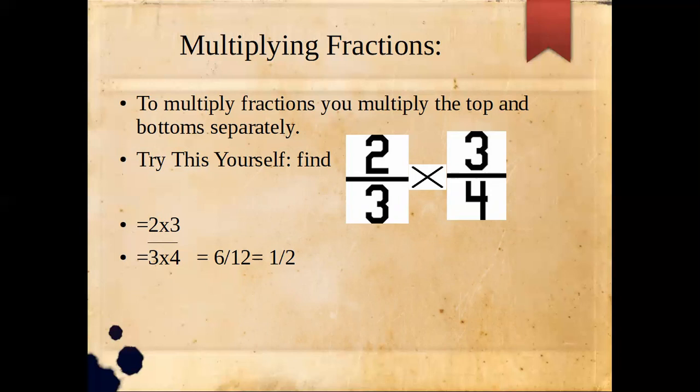Then we'll just have 2 over 4, and that simplifies to 1/2 as well, which is the right answer. We could do this another way. Let's keep the 3s this time, but do the 2 and the 4 first, so we can do 1 and 2. Then we've got 1 times 3 on the top and 3 times 2 on the bottom, which gives us 3/6, which works out to be 1/2. So it's the same way either way.